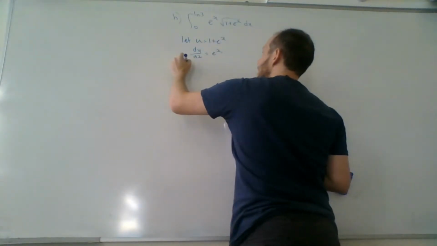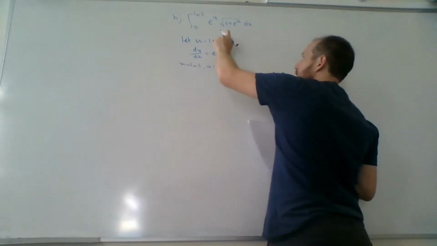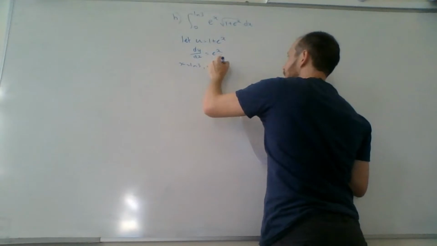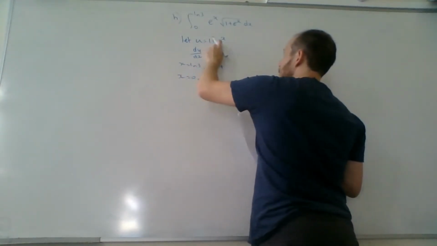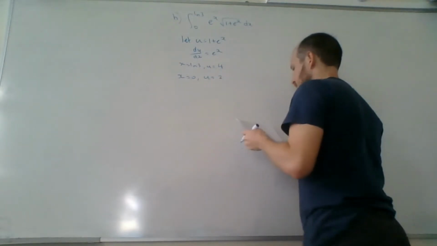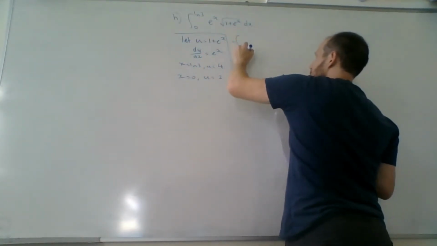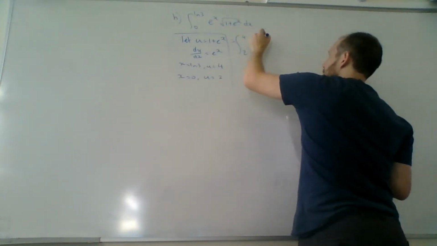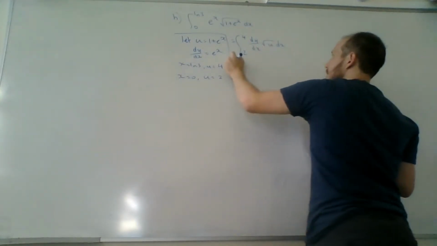Again, when x equals ln3, substitute in here. So u will be 1 plus e to the ln3, which will be 4, and when x equals 0, u will be 1 plus e to the 0, which is 2. So our integral becomes the integral from 2 to 4 of du dx times the square root of u dx.